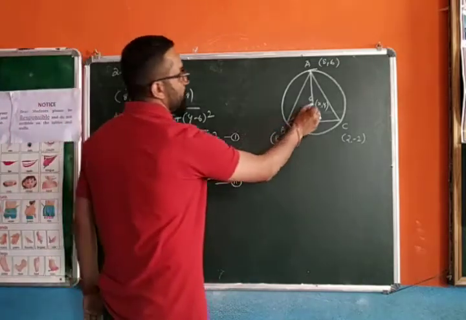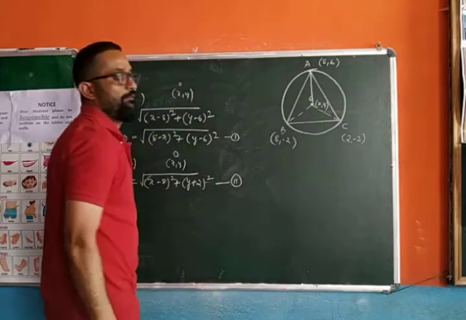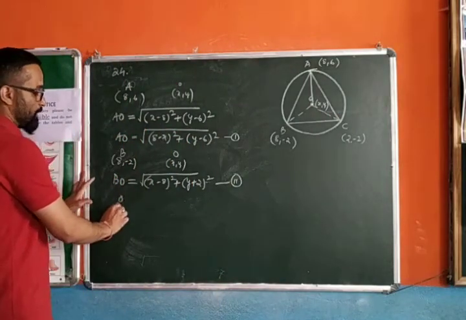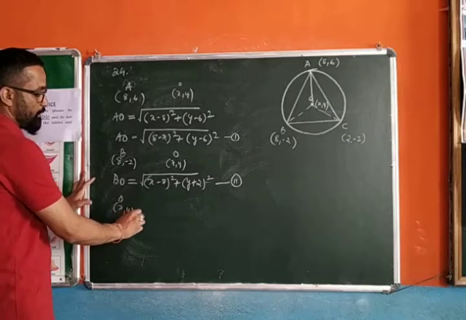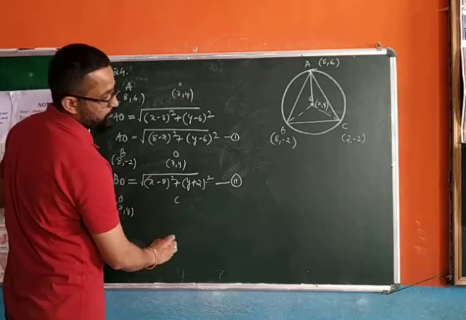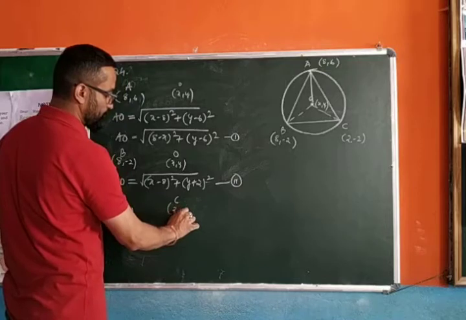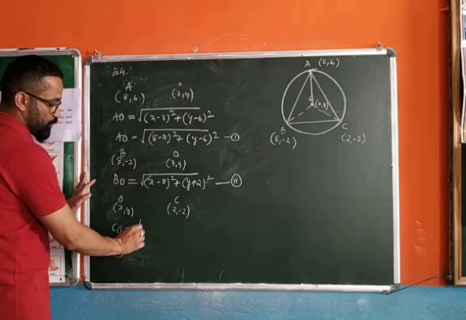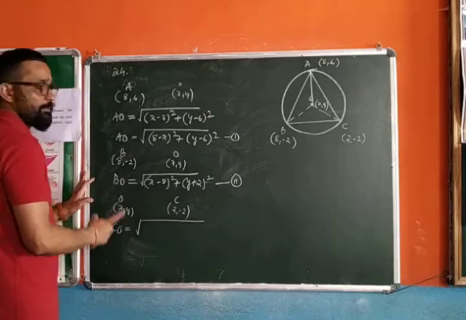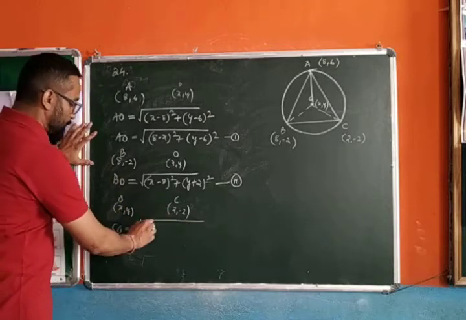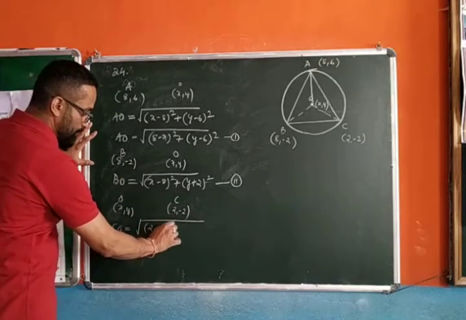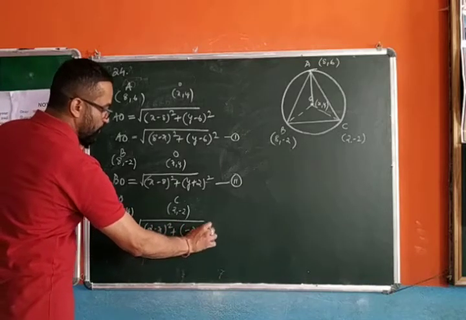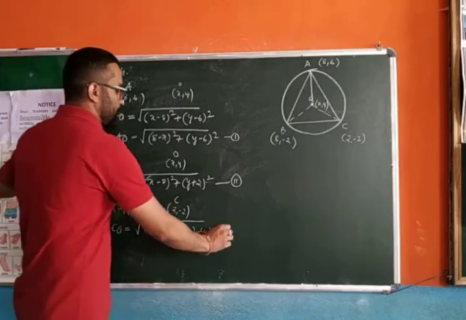Similarly, we calculate OC now. O has coordinate (x, y). C has coordinate (2, -2). CO equals the root of (2 - x) whole square plus (-2 - y) whole square. This is equation number 3.